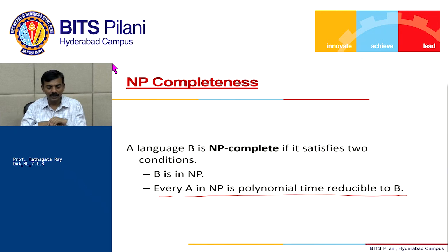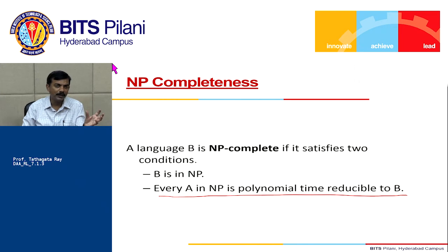So what it is saying, every A in NP, I will look at this NP class, I will pick any particular problem A in NP, and that problem can be converted to this problem B. In other words, the language A is in NP, so I know that there is a verifier for it which works in polynomial time given a particular certificate.